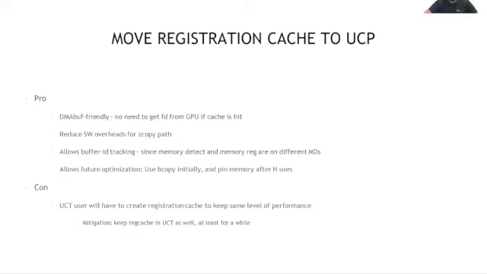So maybe we want to give some grace period to UCT users to add their registration caches into their codes. So now I get it. You mean UCT users, customers, not UCP, who are using UCT directly. Yeah, like BTL UCT, for example. Oh, Huawei probably. I see. Thank you.